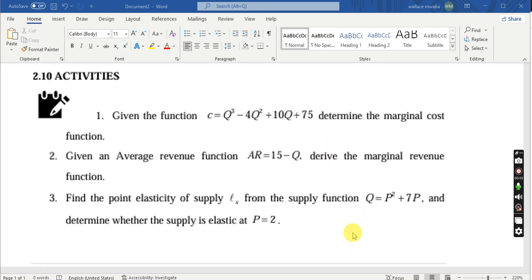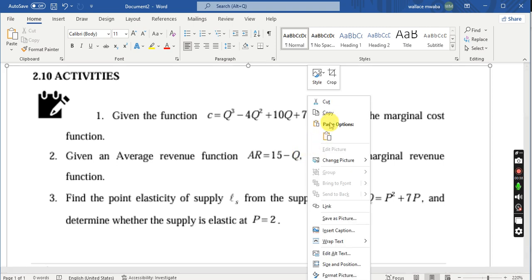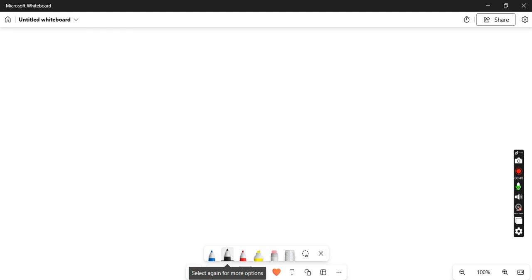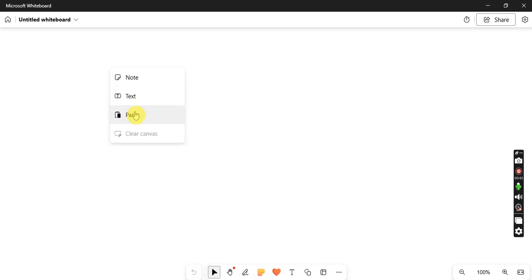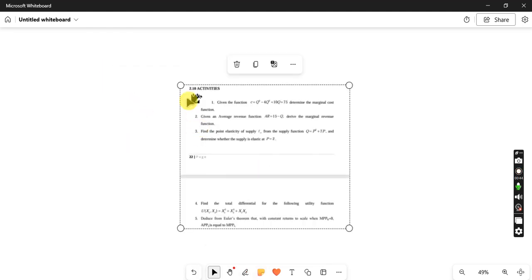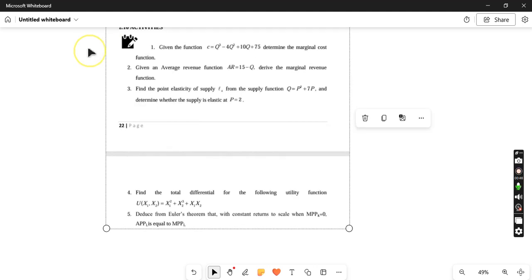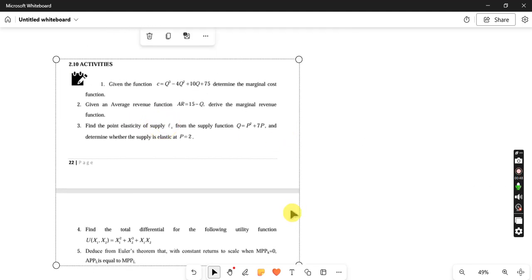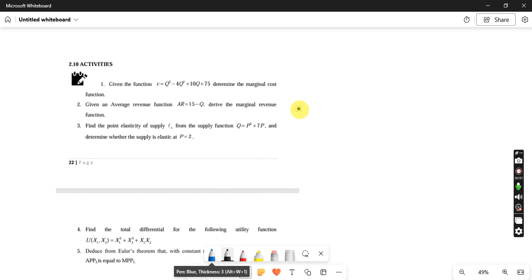So it deals with the power rule. Let me derive.